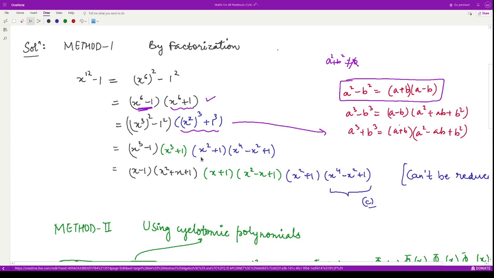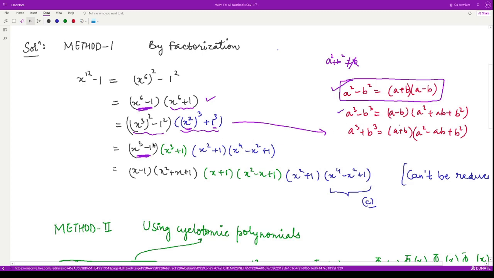So this is equivalent to x square plus 1 into the square of this minus this term multiplied by this term, that is x square, plus the square of this, that is 1 square, and x square plus 1 as such. And the other factor on factorization gives us x cube minus 1 and x cube plus 1 according to this formula. So now we can again factorize this according to this formula.